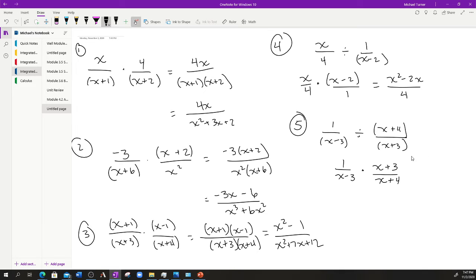If I have to simplify that, I'm going to. When I do keep, change, flip, I multiply straight across, I end up with x plus 3, and that's all over x minus 3 times x plus 4. And if I'm instructed to do so, I'm going to multiply those two binomials. So in the denominator, I end up with x squared plus x minus 12.